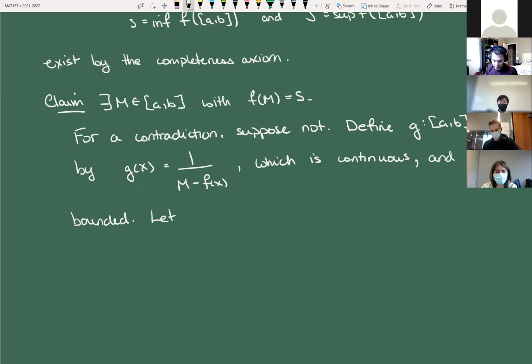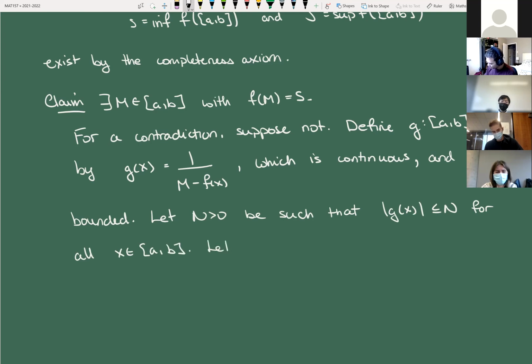So let n be greater than 0 such that, oh, the clock is running out, g of x is less than or equal to n for all x in [a,b].